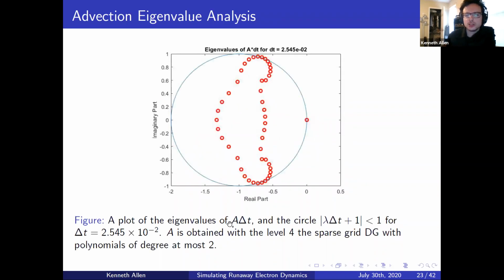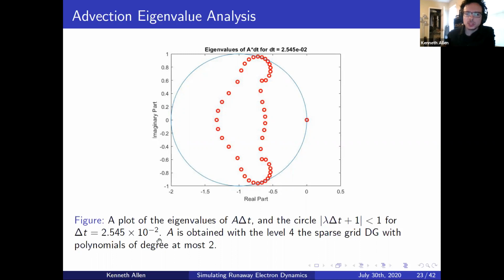Then we can directly plot all the eigenvalues of our matrix A. This is, for example, at the level 4 sparse grid DG method with polynomial degrees at most 2. And this is the plot of our eigenvalues. Then we scale them down into this circle.